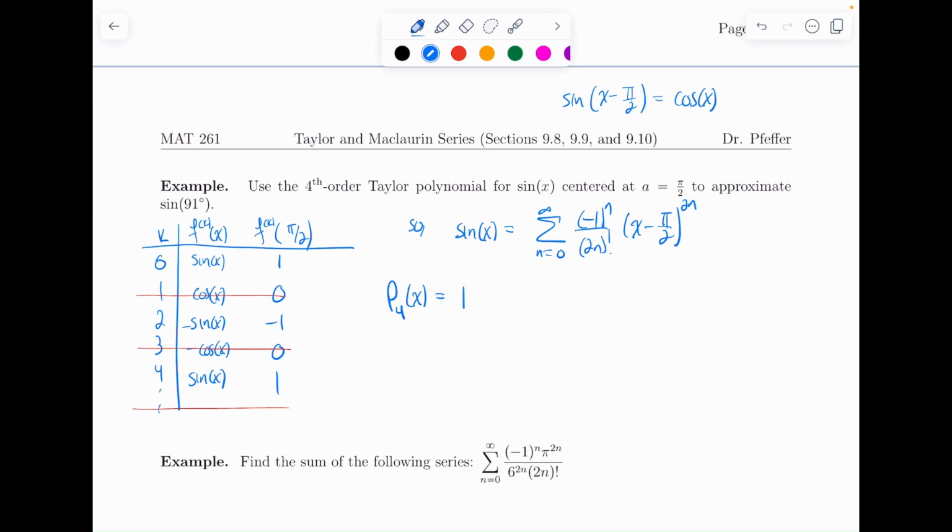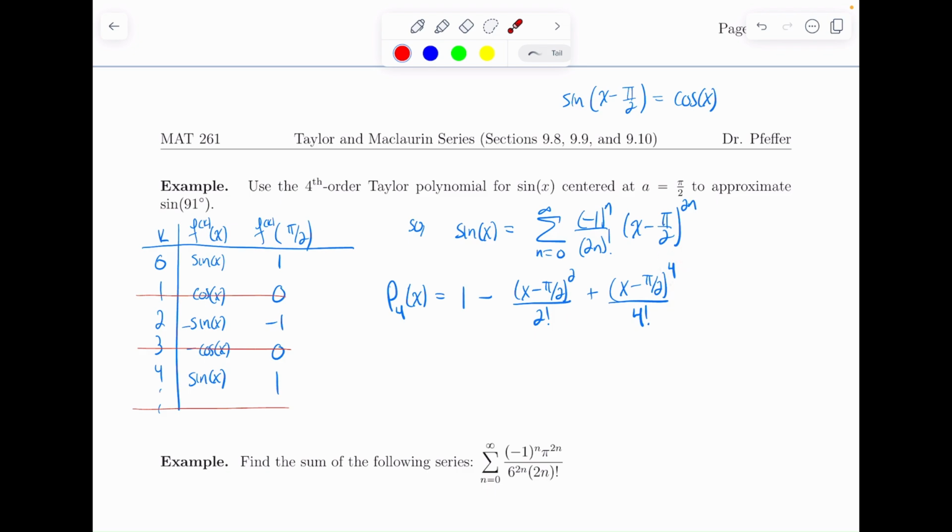Plug in n equals 1, I get negative x minus pi over 2 squared over 2 factorial. And if I plug in n equals 2, I get x minus pi over 2 to the fourth over 4 factorial. Now that I've gone up to the fourth degree, that's my fourth order Taylor polynomial. So I'm not going to plug in 4, I'm just going up to 4.